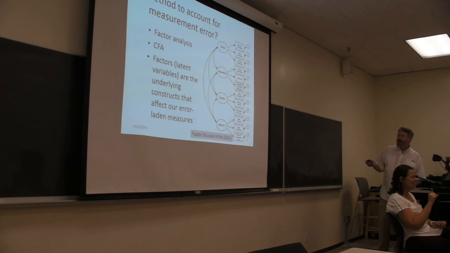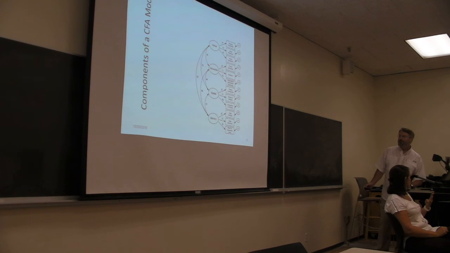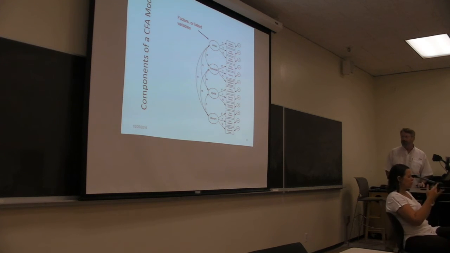What this is getting at is it's saying that, okay, the DAS has 12 subtests, but these 12 subtests, in fact, really just measure 4 underlying constructs: verbal, nonverbal, spatial, and memory abilities.